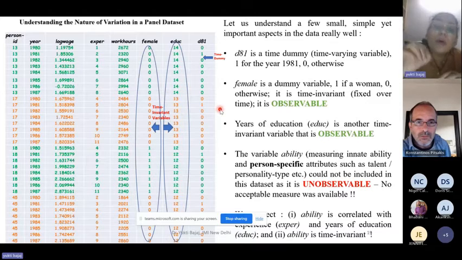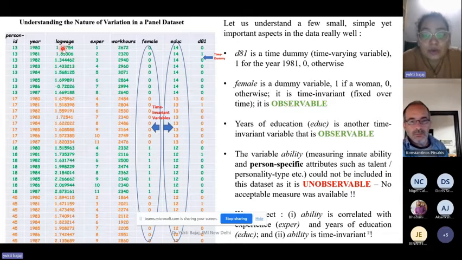Now there's more to dig into here. Tell me, apart from these factors, can there be other factors which impact labor wages, and that too factors which are not quantifiable, or unobservable?